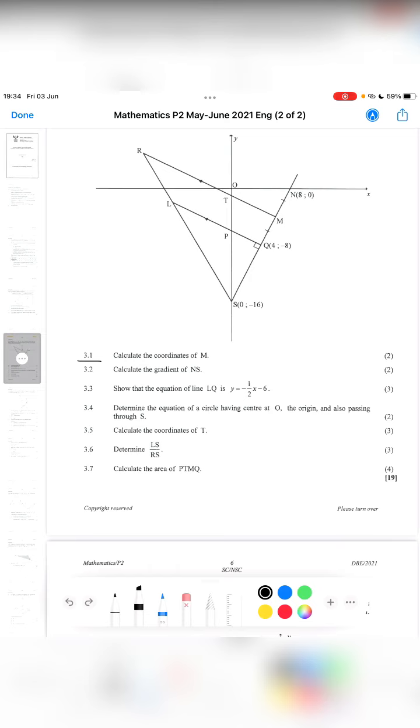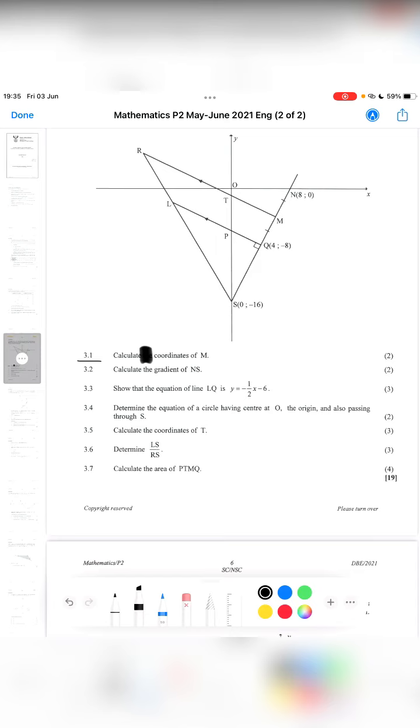So is this word calculate the cream of the question? How do you know? Just try to imagine that word not being there. What's remaining? You remain with the coordinates of M. So can you see? You can still answer the question even though you don't have that word calculate. So let's try the second word being removed. So you have calculate coordinates of M. You can still provide an answer or respond to that question.